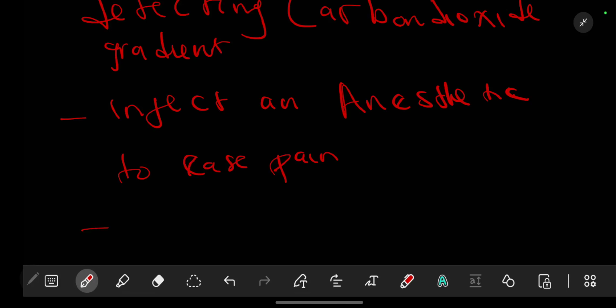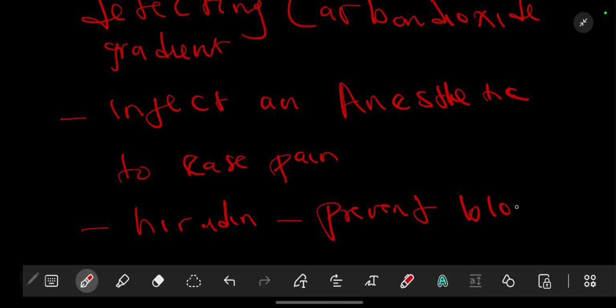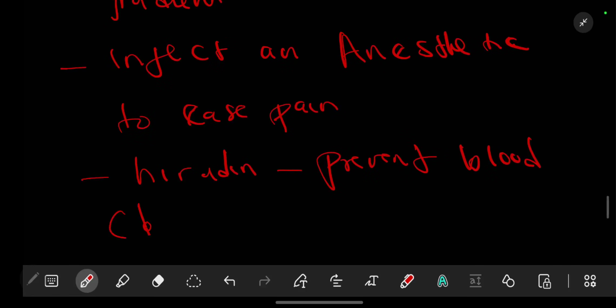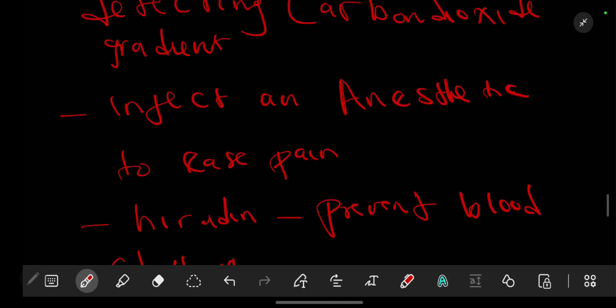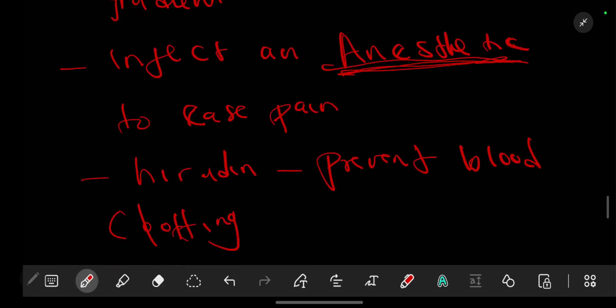The other thing is that they are able to release what we call hirudin, which will prevent blood clotting. So if you are sleeping, you cannot notice that they are sucking you. They will inject an anesthetic, which will ease or reduce pain, and you will not be able to detect it.